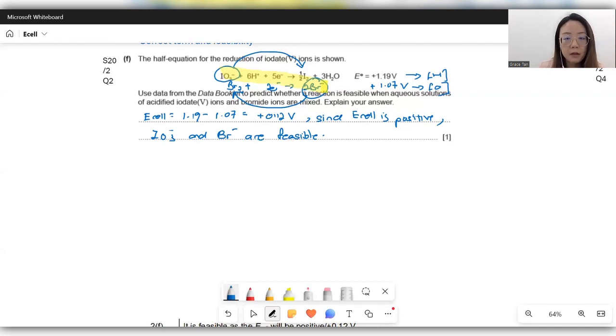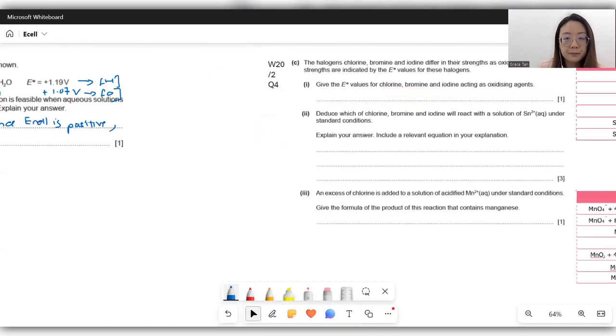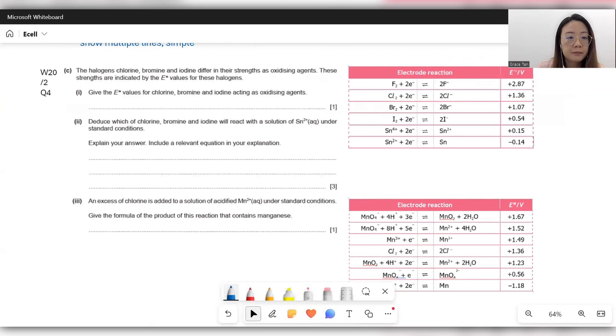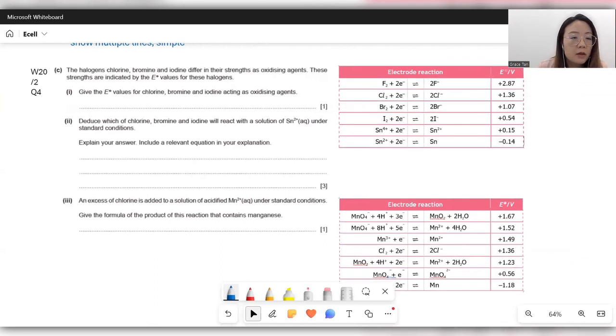Okay, now let's move on to another example here. So let's look at winter 20. All right, the halogens chlorine, bromine, iodine differ in their strength as oxidizing agent. These strengths are indicated by the E values for these halogens. All right, so we go to the data booklet.